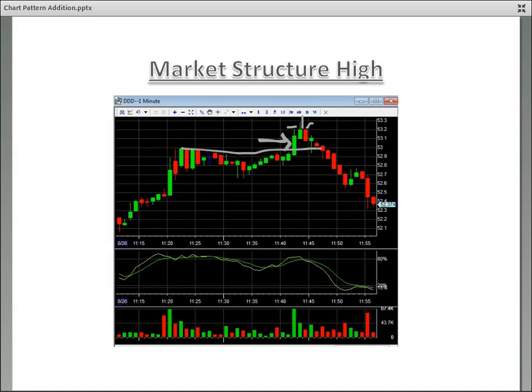Let me give you an example. Let's say the 1 minute is trending down. The 5 minute is trending down. The 15 minute is trending down sideways. But the 60 is upwards.